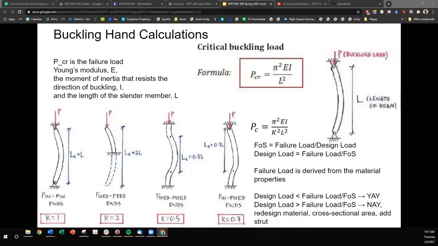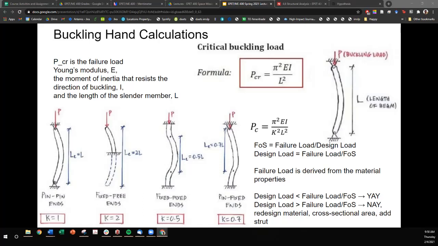So the critical load, let's walk through the design activity of analyzing its factor of safety. So in this case, from the material properties, we have E, we know the part's geometry I and L, so we can figure out what the failure load is. So we have that part of the equation.